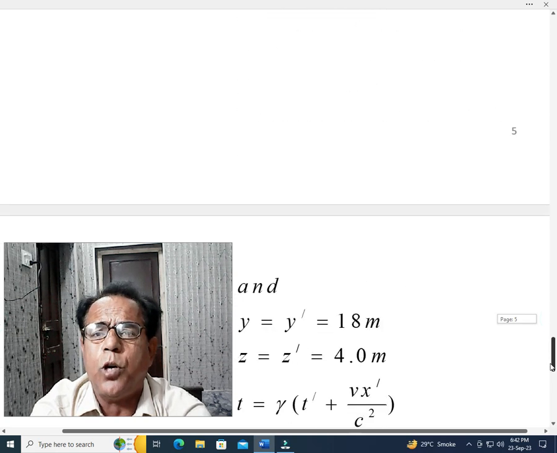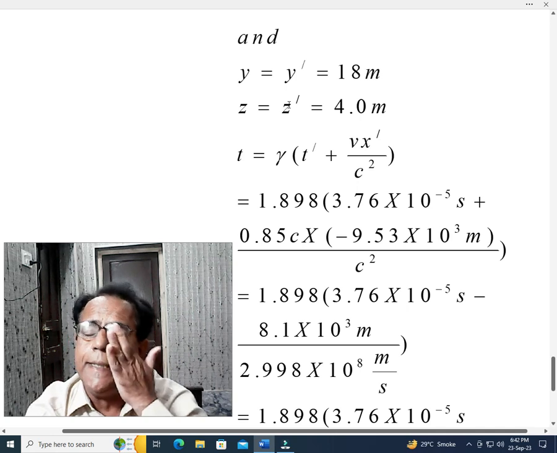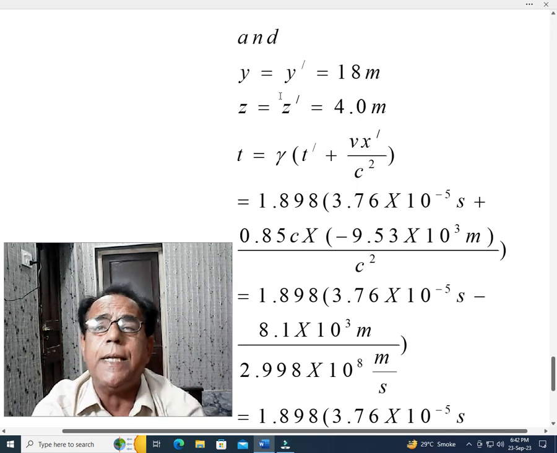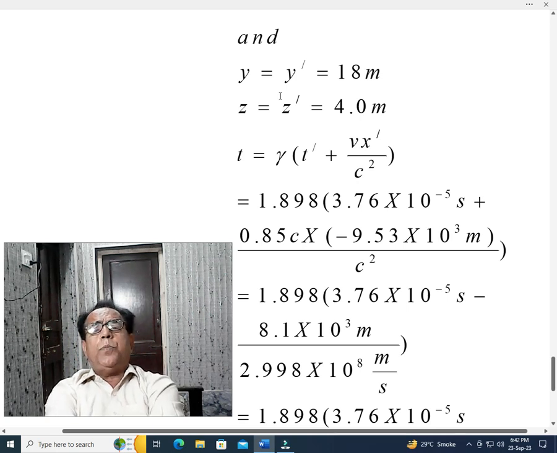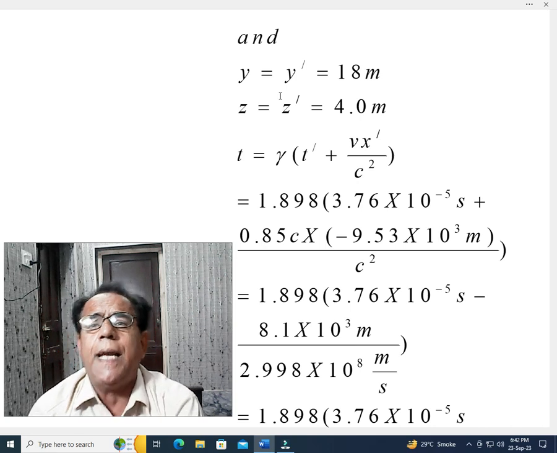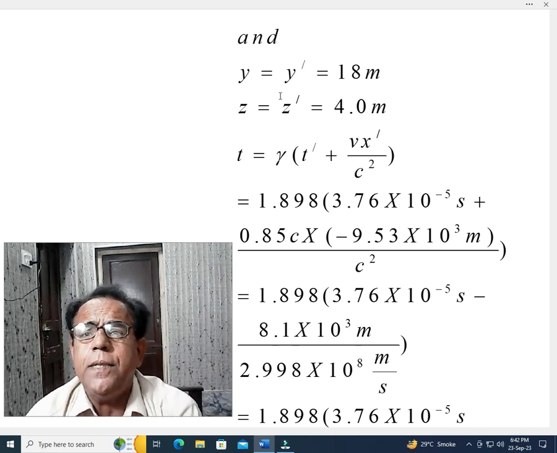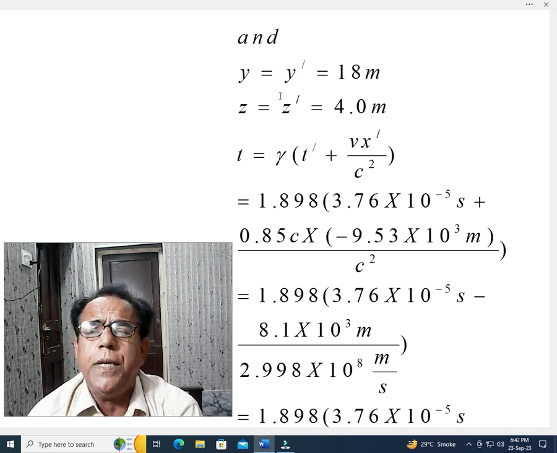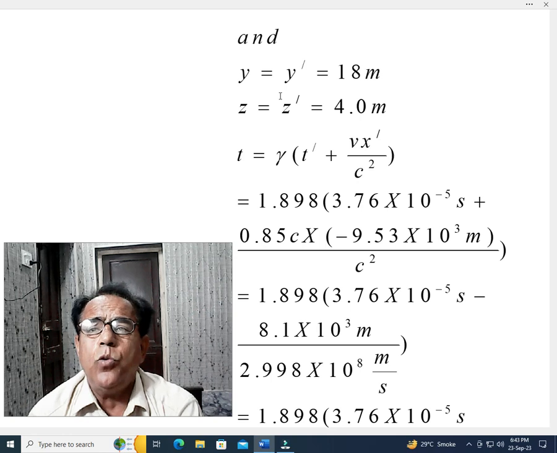Now we move forward. In inverse transformation, y and z coordinates again remain the same, that is y equal to y dash equal to 18 meter, z equal to z dash equal to 4.0 meter, and now t is equal to gamma times t dash plus v x dash over c square. Next we will just put the values. Gamma we have found.